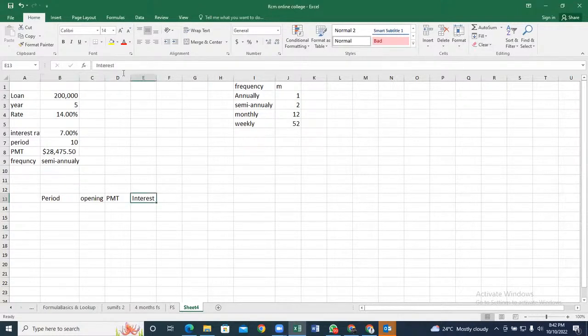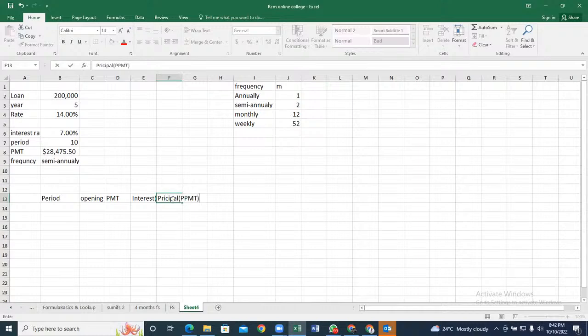After interest, let's make this one in brackets, IPMT, so we'll know what it means. After interest, we are going to have principal, and then put it in brackets, PPMT.